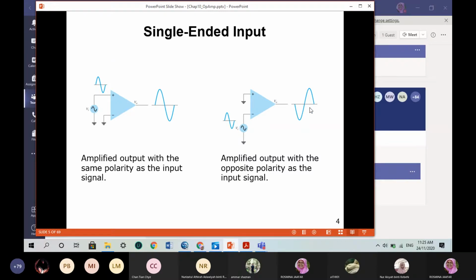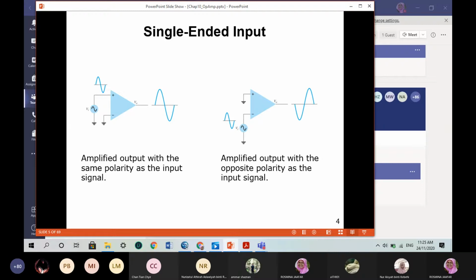So this is 180 degrees out of phase. So that is the difference: applying input to the non-inverting input will produce the same polarity, but if you apply input to the inverting input terminal, your output will be out of phase. Okay, this is the basic theory.